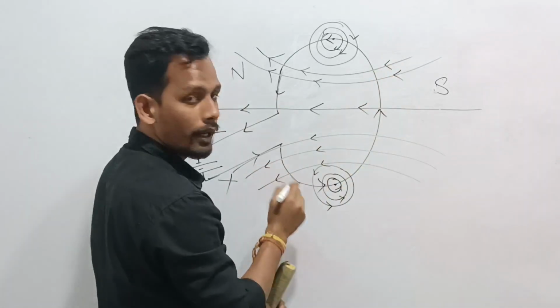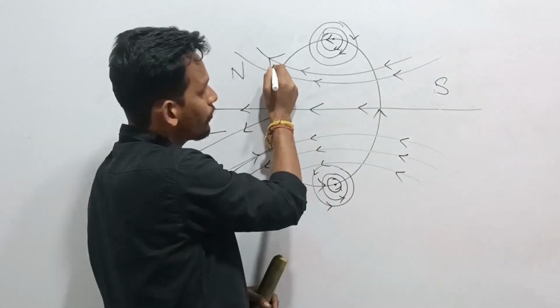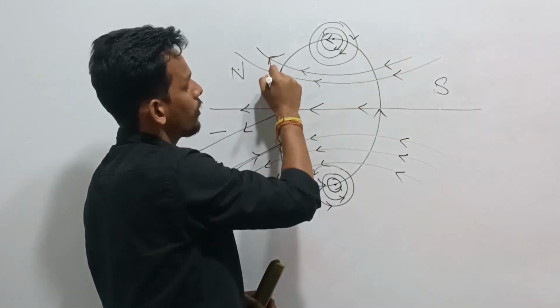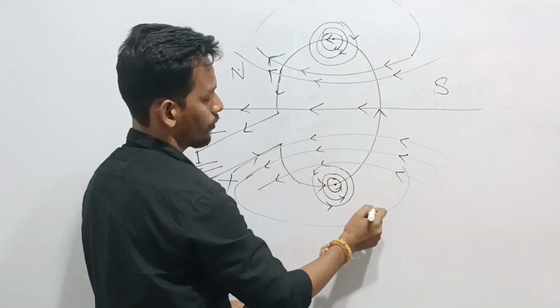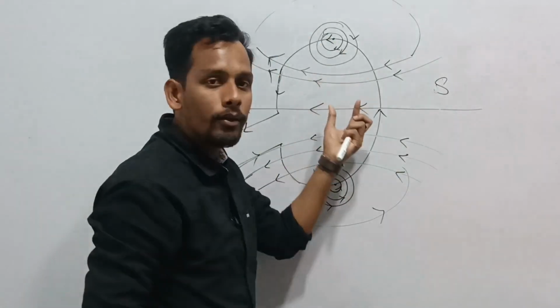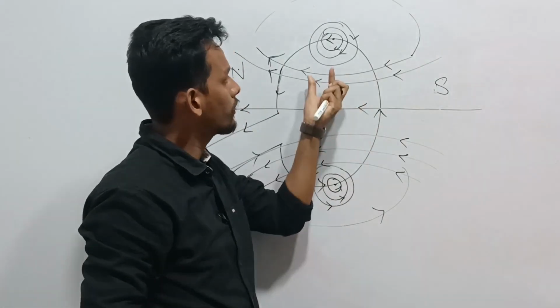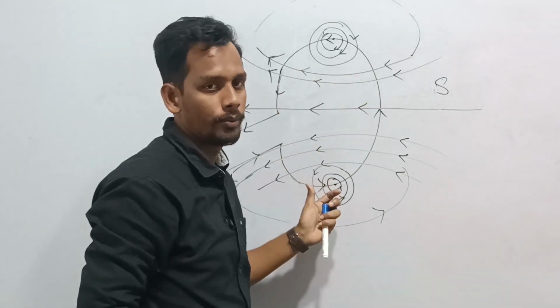In case of a bar magnet, we have already studied that the direction of magnetic field lines is from north pole to the south pole. So it arises from north, ends at south. So these are the direction of magnetic field, and by using Maxwell's right-hand thumb rule, you can find the direction of the magnetic field lines in a circular current carrying loop.